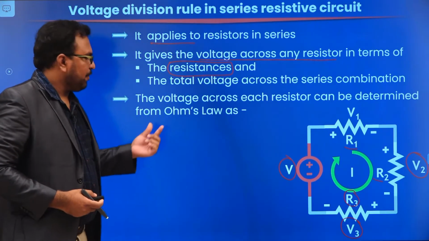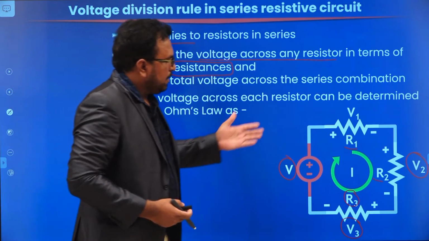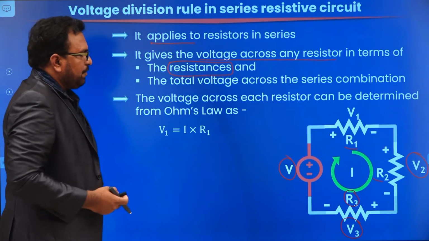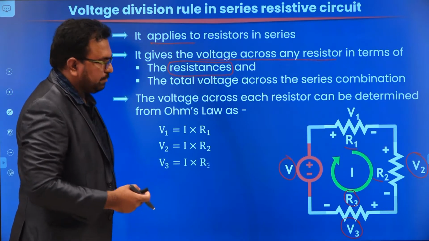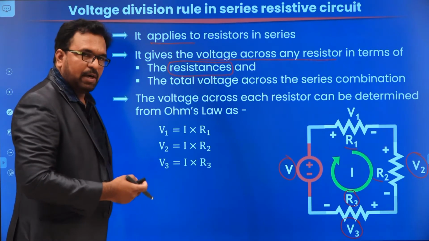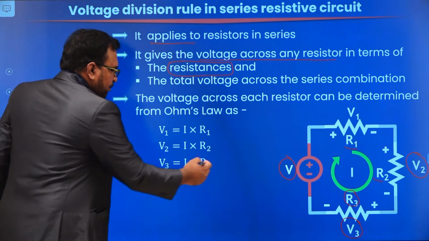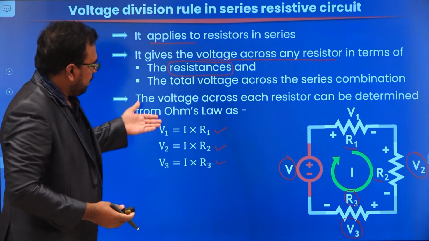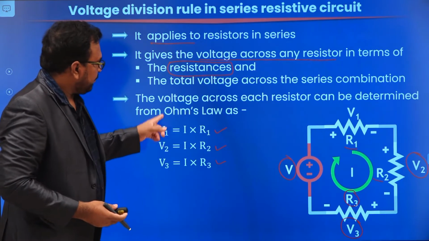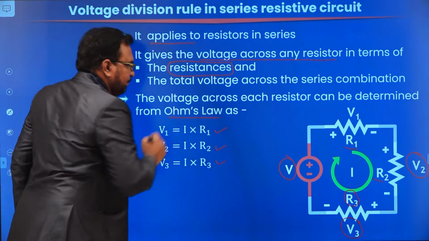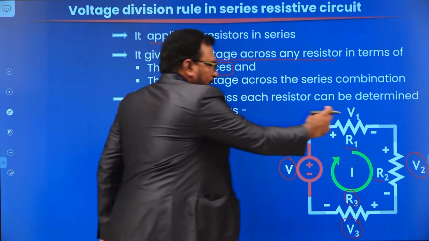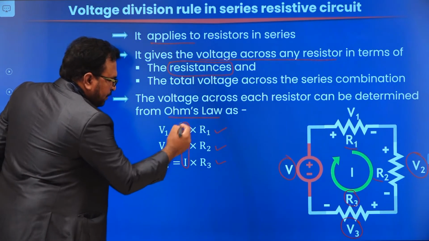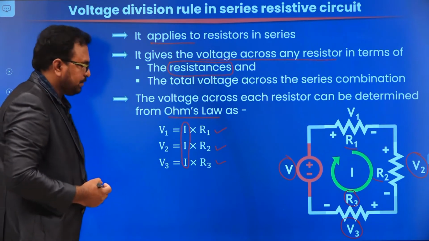From Ohm's law we know that V1 is equal to I R1, V2 is equal to I into R2 and V3 is equal to I into R3. These three expressions are obtained from Ohm's law, because the current through all the resistances is the same, and the thing that divides is voltage.